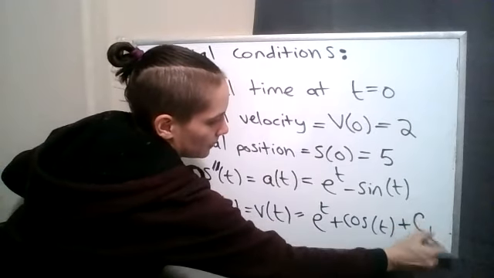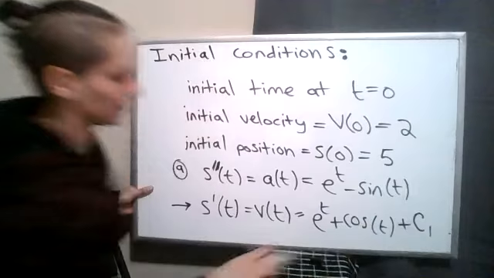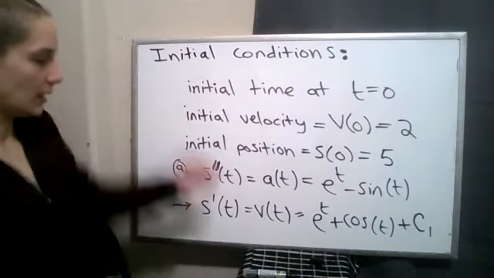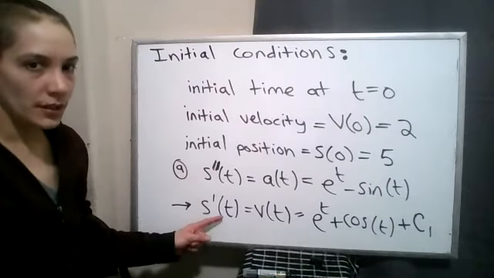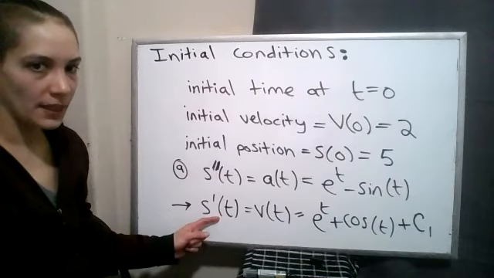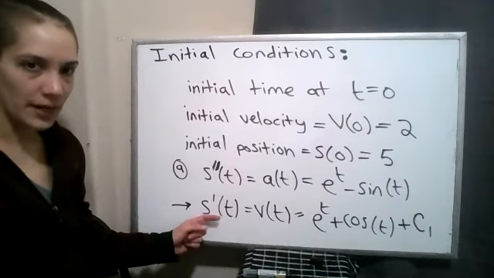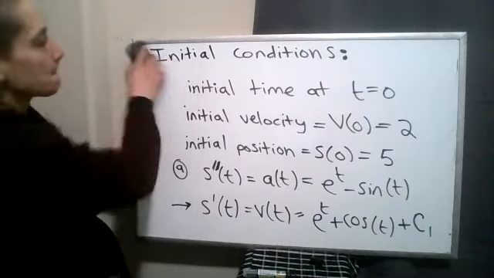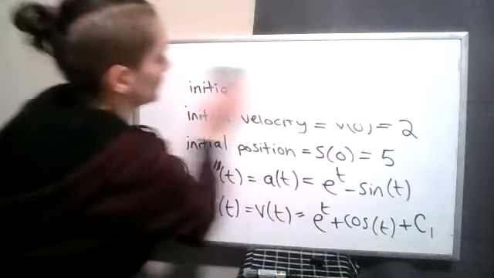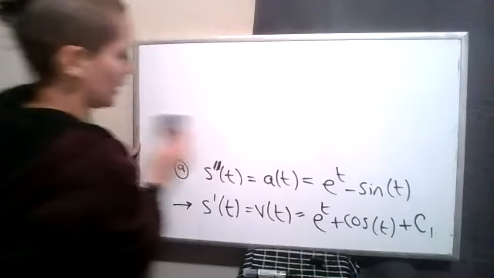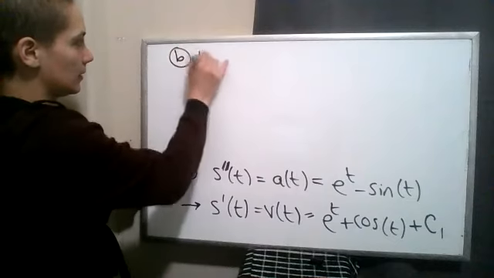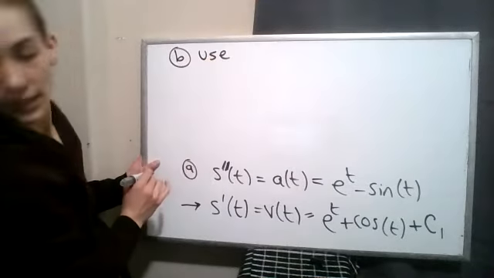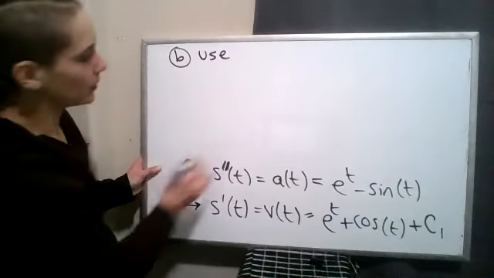That's one general solution for s prime of t. Let's find the particular solution for s prime of t, which we call part B. We have s prime of 0 equal to 2.